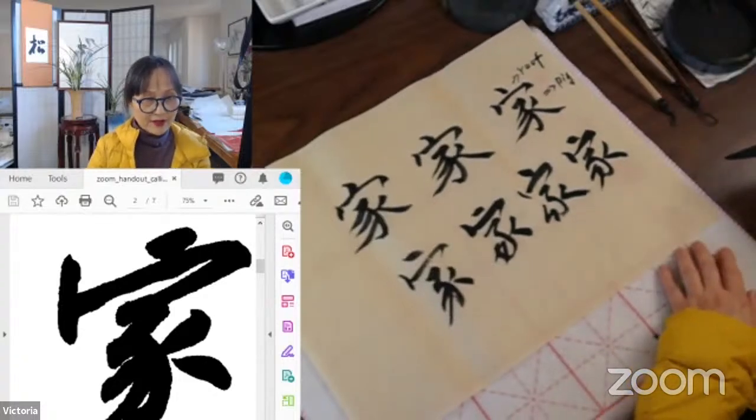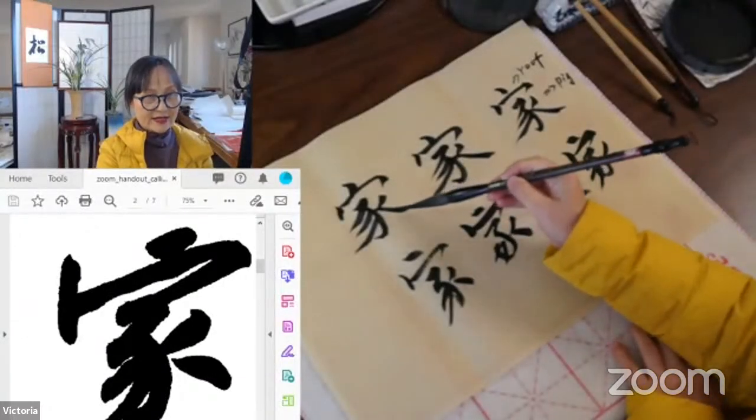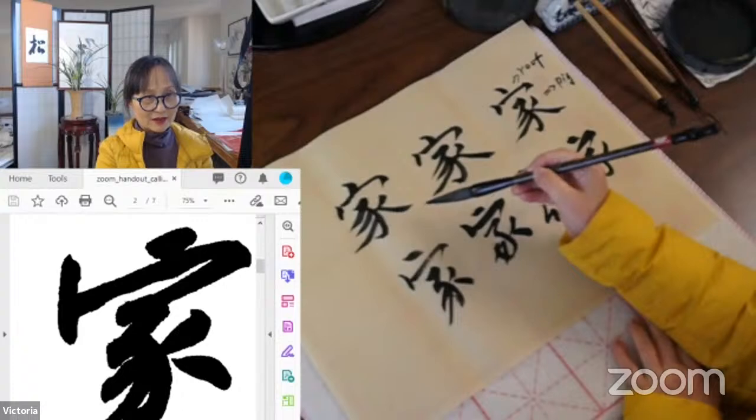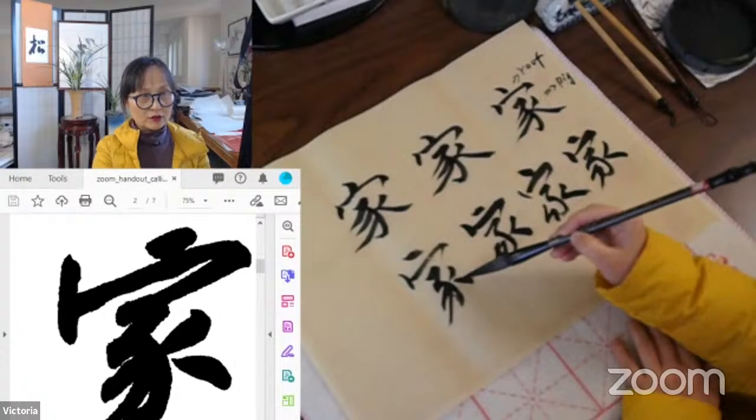And also, I think you noticed that the last stroke in standard style is the long press, right? For faster writing, sometimes the rule is that the big press becomes a very powerful dot-like thing.